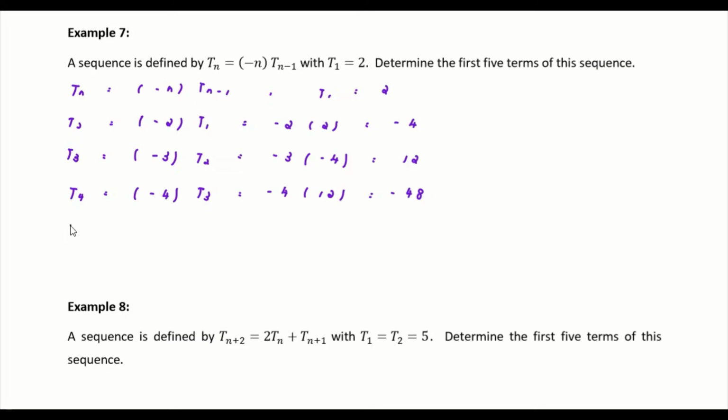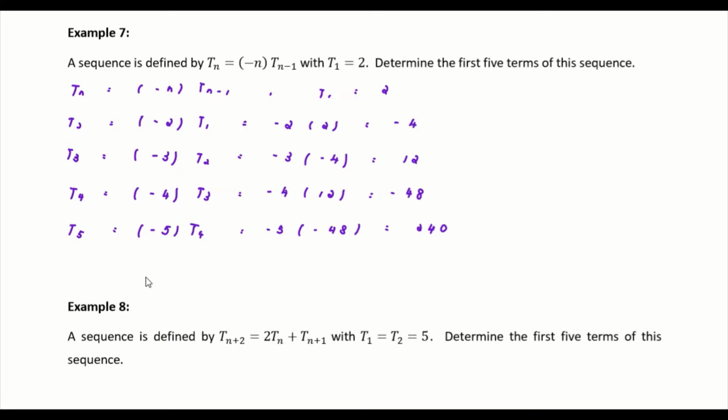Next one, T5 will be equal to negative n, so negative 5, times Tn minus 1, 5 minus 1, so T4. So negative 5 times the fourth term, negative 48. So 48 times 5 is 240, sorry for that. So 240. Okay, so that's the idea of it.